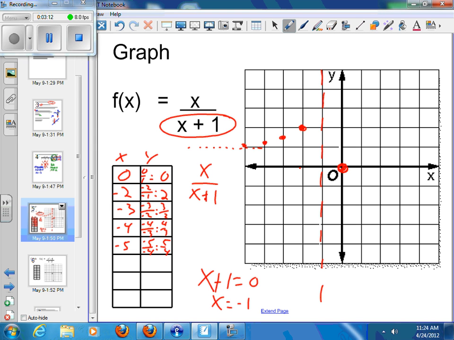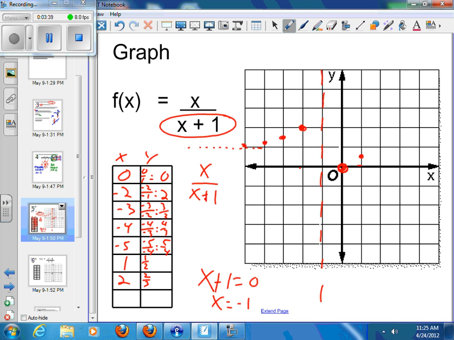So then I want to look going the other direction. I've done 0, so we can do 1. 1 would be 1 over 2, which is 1/2. So I'm at 1, I'm at 1/2. And then at 2, that would be 2 over 3, which is 2/3.